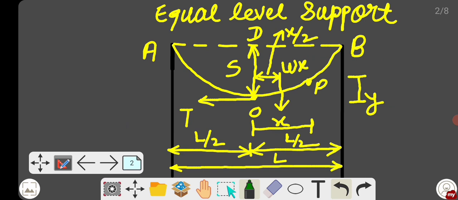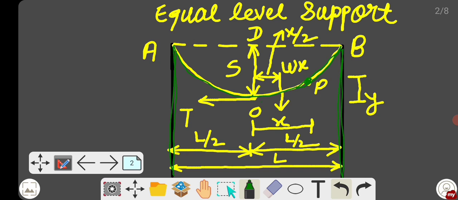Now here, as you can see in the figure, let A and B be two supports, and P is a point on the conductor AB.